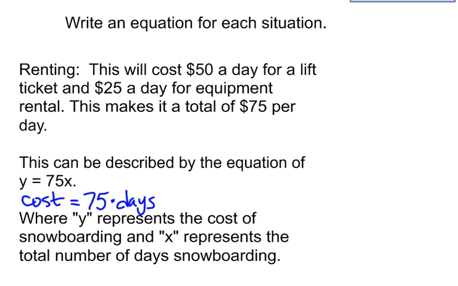So if I go 2 days, 75 times 2, that's $150. If I go more than that, it's going to cost more. But this equation will represent how much I will spend every day that I go and rent my equipment.